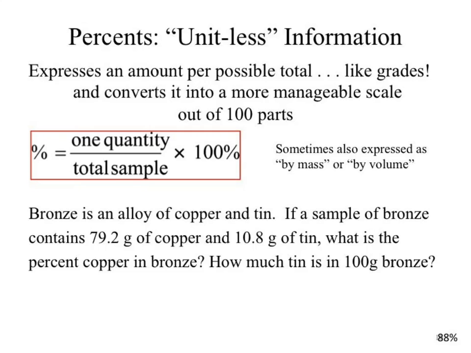So our percent tin is 10.8 grams in 90 grams of our alloy. Okay. We want to know how much tin is in 100 grams of bronze. What can we do?